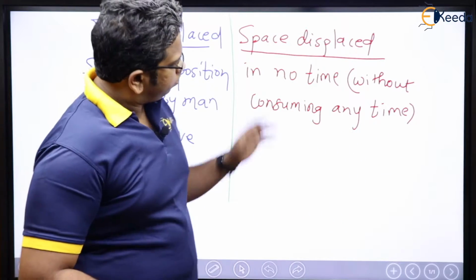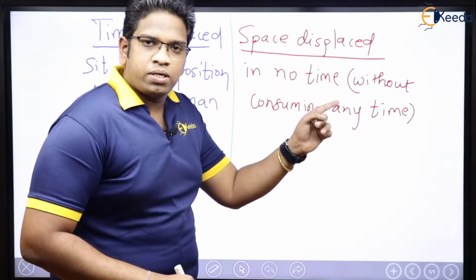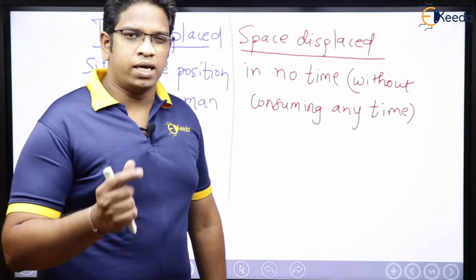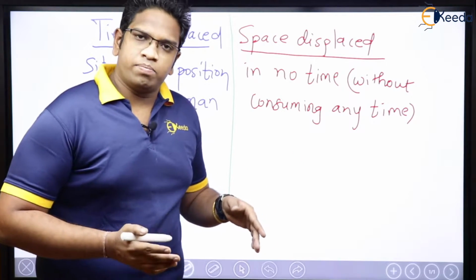What I have to do, sir, in no time? We have to move through the air gap and observe the variations. Again, see, in no time means without consuming any time.